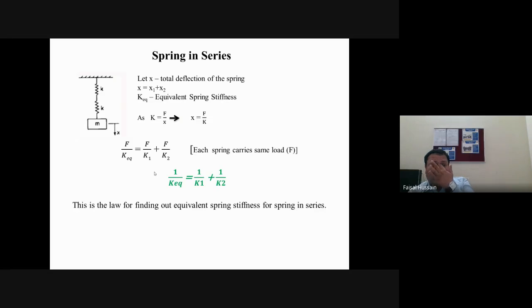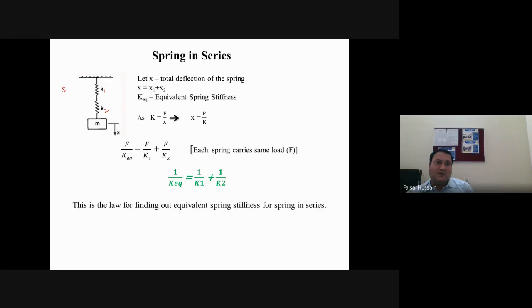So see here, one end of the spring is fixed and one end is free. Here there are two springs. For example, this has stiffness K1 and this has stiffness K2.